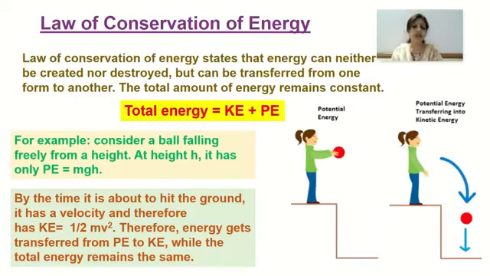Therefore the energy gets transferred from potential energy to kinetic energy, while the total energy remains the same. So this is how we can understand the law of conservation of energy. Alright, one form of energy getting converted into another form. With this, let's move ahead to the new topic.